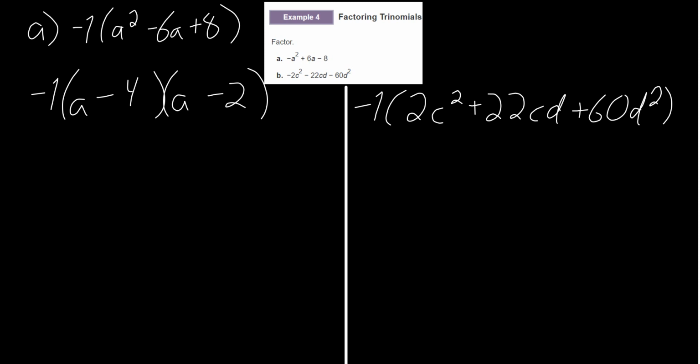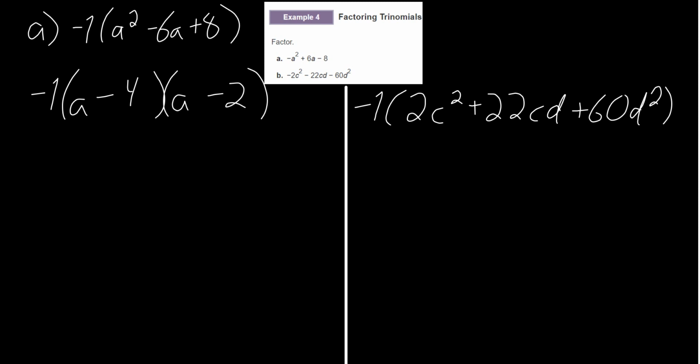So we've got the negative 1 factored out, and we're looking at this problem. We have a 2c squared plus 22cd plus 60d squared. And then I said, okay, we probably should have factored out a negative 2 instead of a negative 1. All right, but let's just proceed with this because many times, just like I did just now, we do kind of operate on autopilot, right? Autopilot being whatever the last thing we learned.